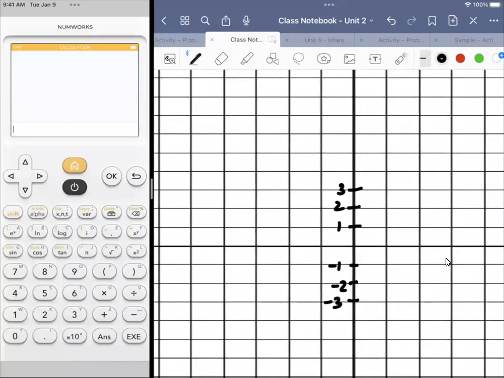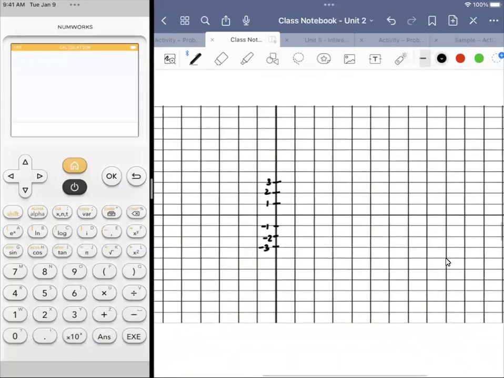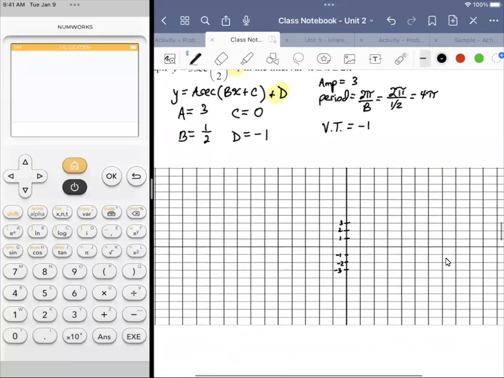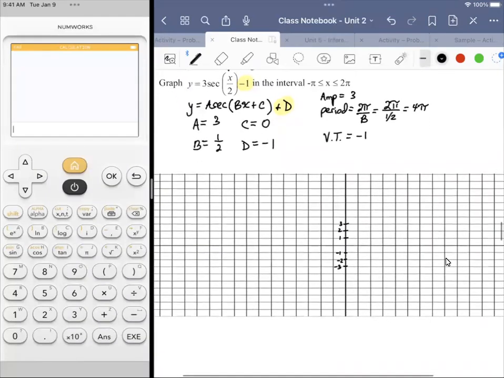And then for the horizontal one, since there is no phase shift, no horizontal shift, I can pretty much decide on whatever I want to be equal to pi. All right, but the period is 4 pi. We're not going to actually go out to 4 pi, but there could be an instance where you would need to graph the entire period. Like if this said going from -4 pi to 4 pi, in those instances, you'd probably want to keep your pi closer to the y-axis.